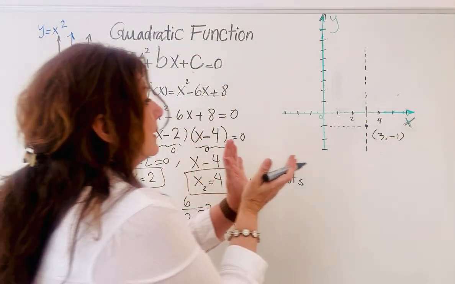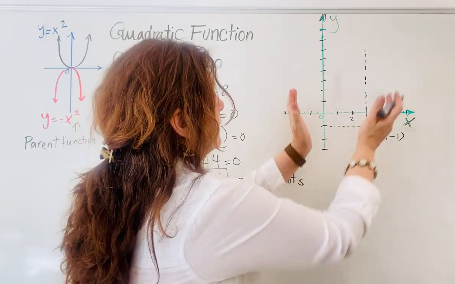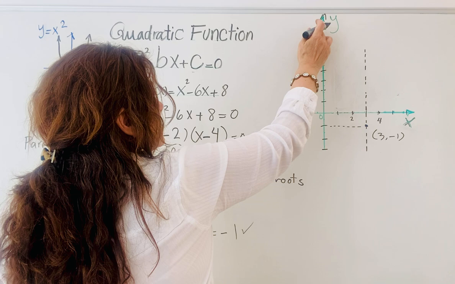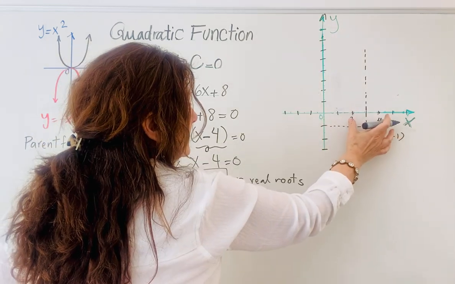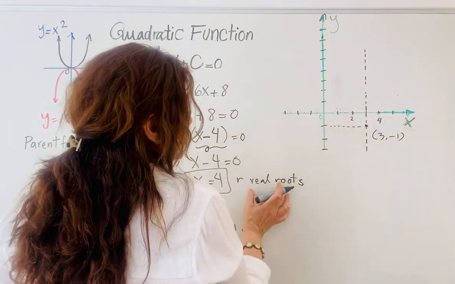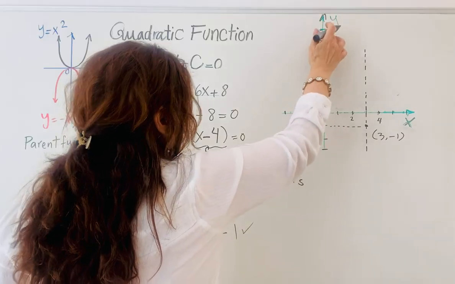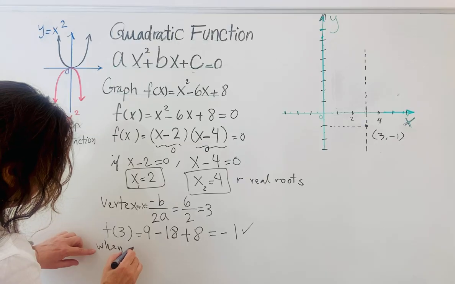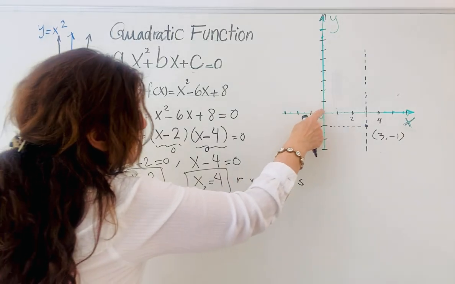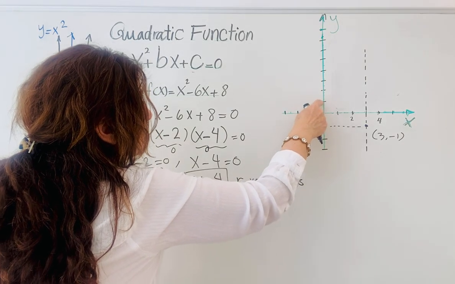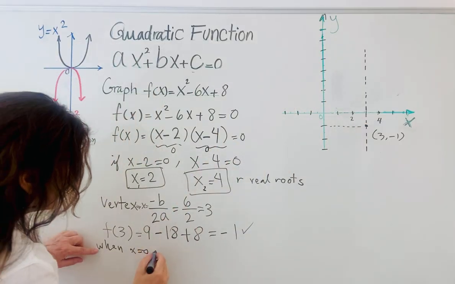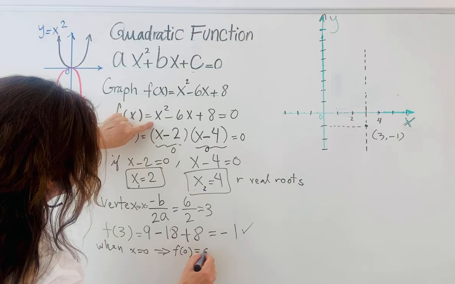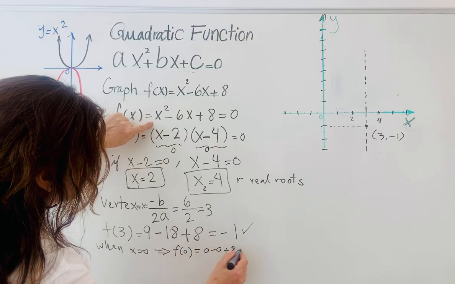We know that we have an upward parabola. But where is the intersection with y? The x-intercepts are here, two real roots. What is y? We can say when x gets 0, because here x is 0. So when x is 0, f of 0 gets 0 minus 0 plus 8, which is 8.